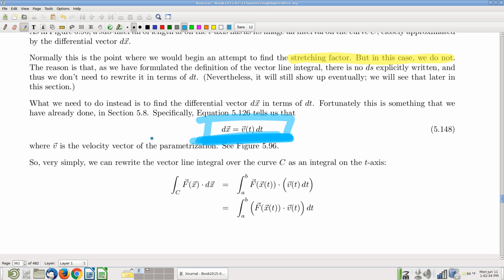So look back into the section on scalar line integrals, and you'll notice that this formula is in there. The very first thing that we did was to compute the dx vector, and then we said, yeah, but we need size, so we then had to go further computing the magnitude of this, which was really just throwing away free information. We were throwing away the direction. All we're going to do now is just keep that direction.